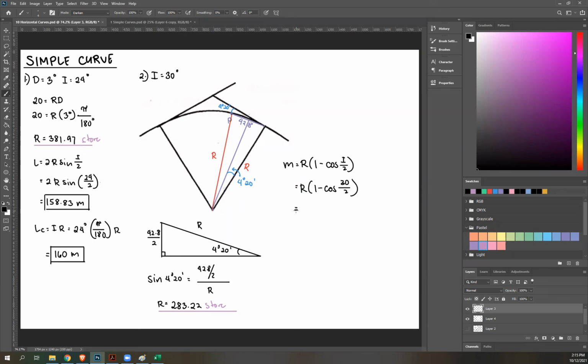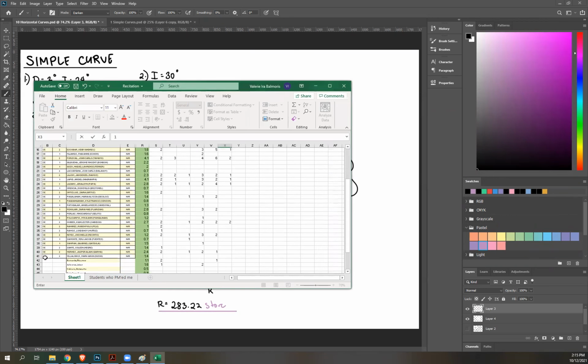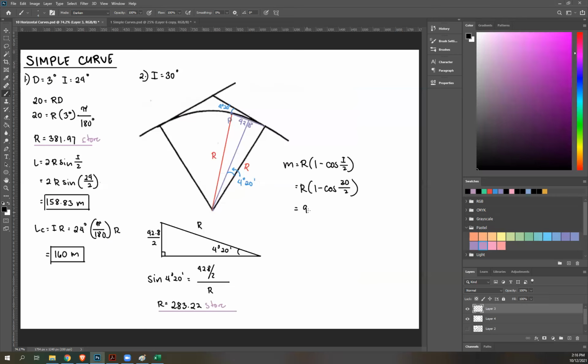Please solve what's M. Correct, Geraldine and Jasper. Okay, the answer is 9.65 meters. Don't forget the unit. And that's it for number 2. Do you have any questions? Please answer in the chat.